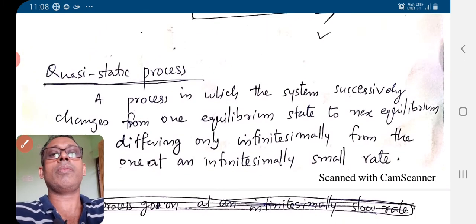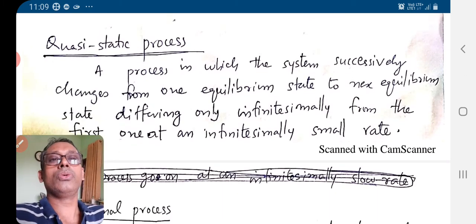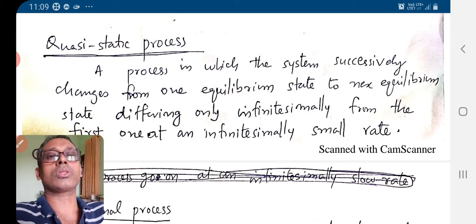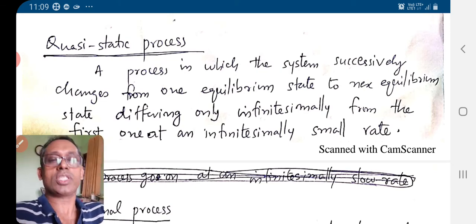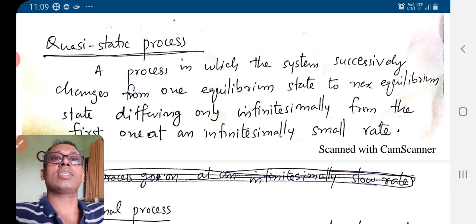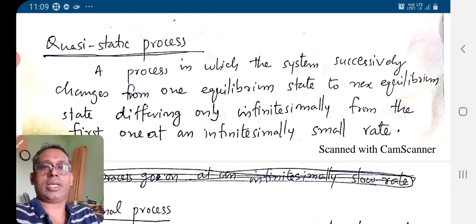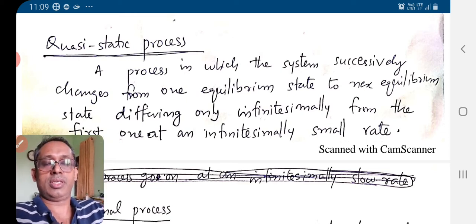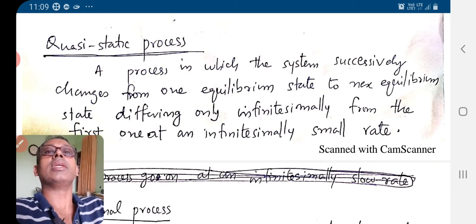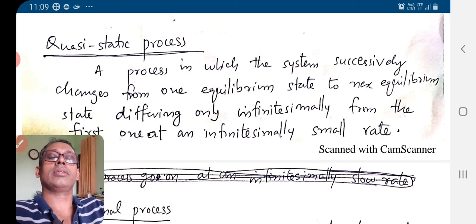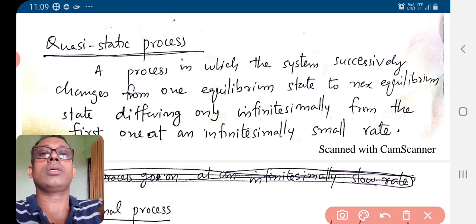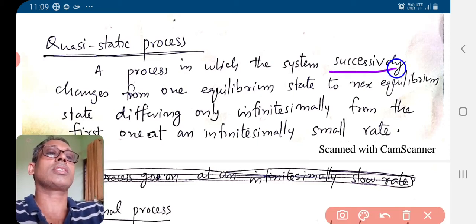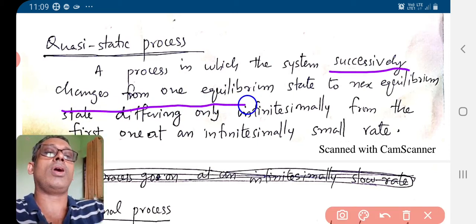Then another term that we frequently use is the quasi-static process. So what is a quasi-static process? We know what a static process is, something which does not change. Then what is quasi-static?